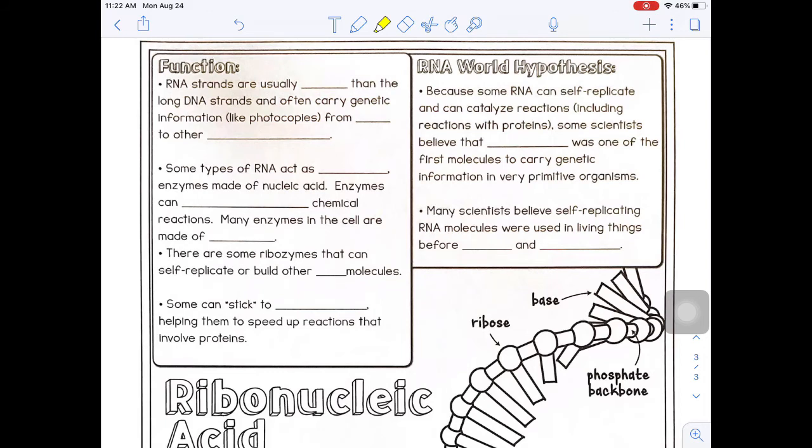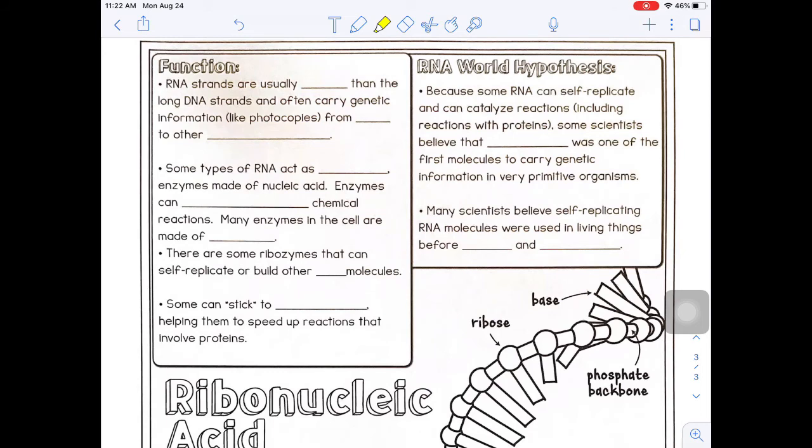Enzymes can catalyze or speed up chemical reactions. Many enzymes in the cell are made of protein. There are some ribozymes that can self-replicate or build other RNA molecules. Some can stick to amino acids, helping them speed up reactions that involve proteins.